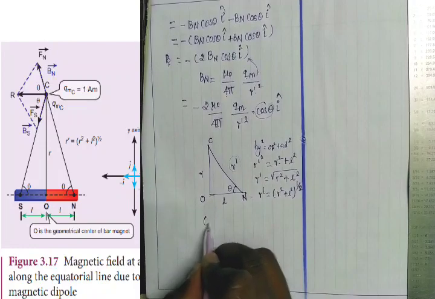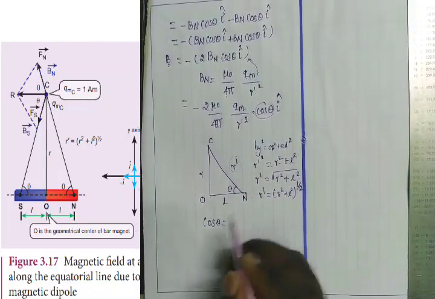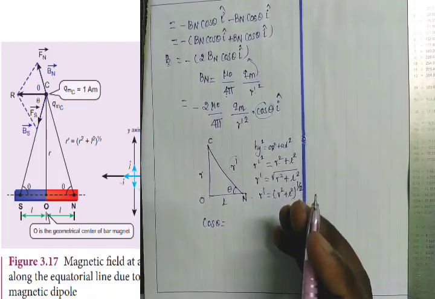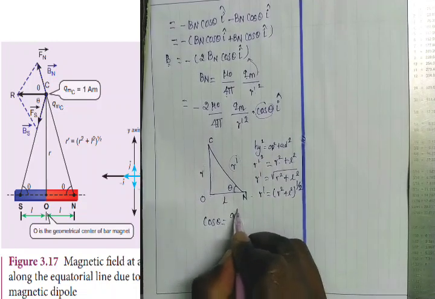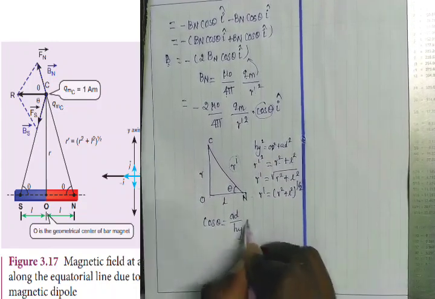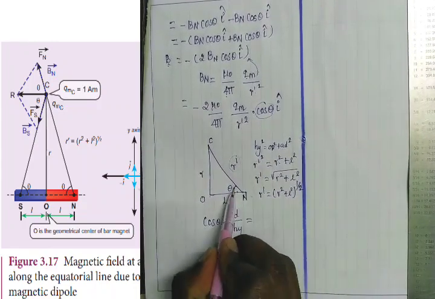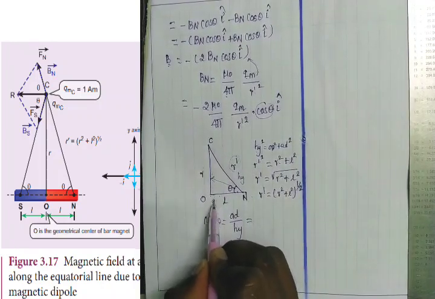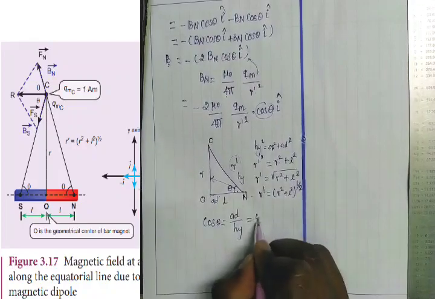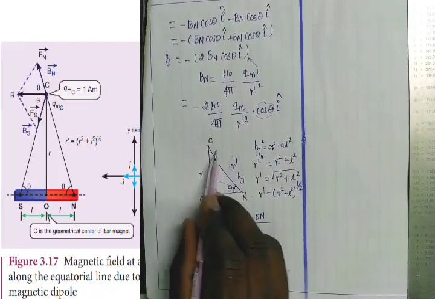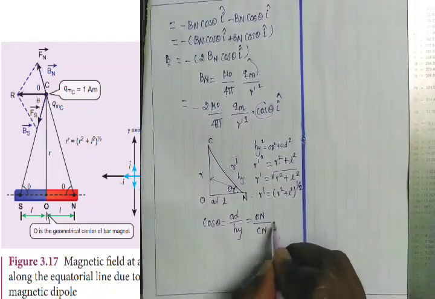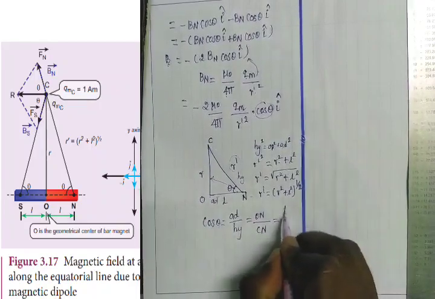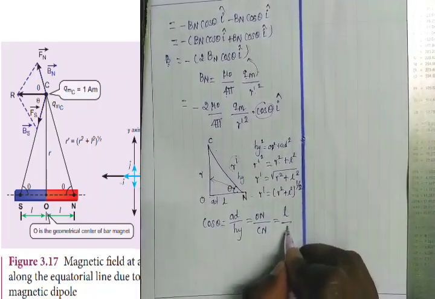So the cos theta formula is simple: adjacent divided by hypotenuse. Adjacent is ON, which is L, the hypotenuse is CN, which is R dash.